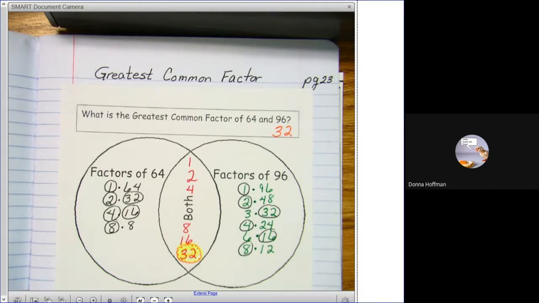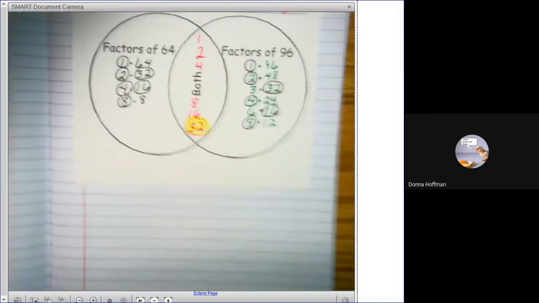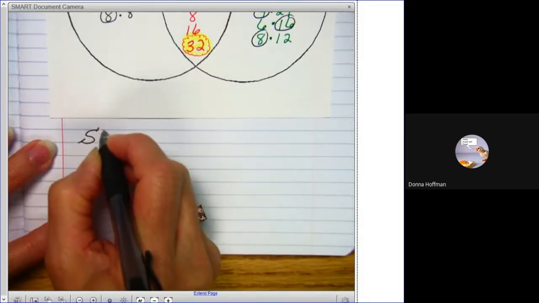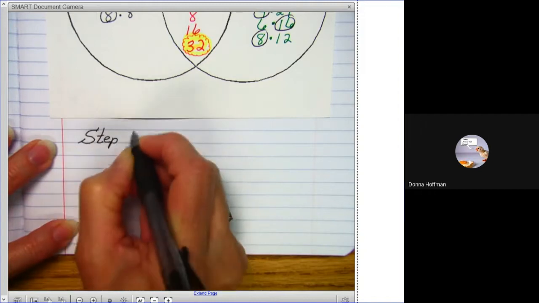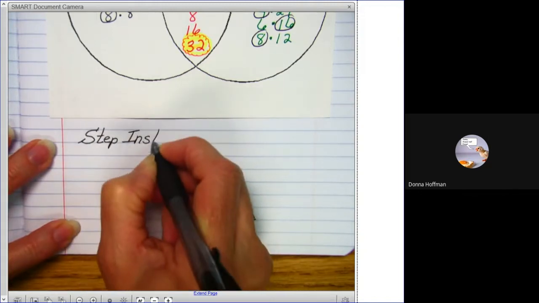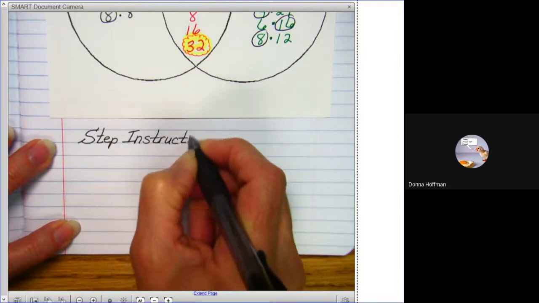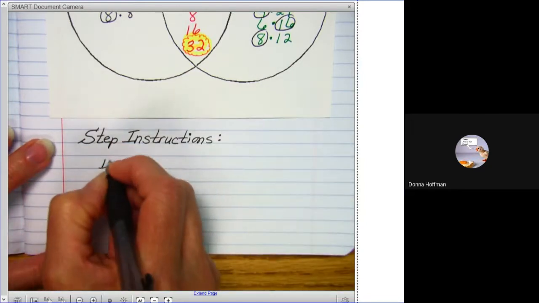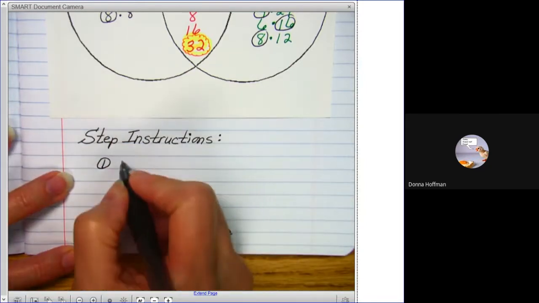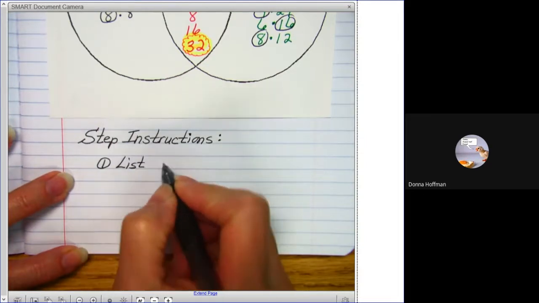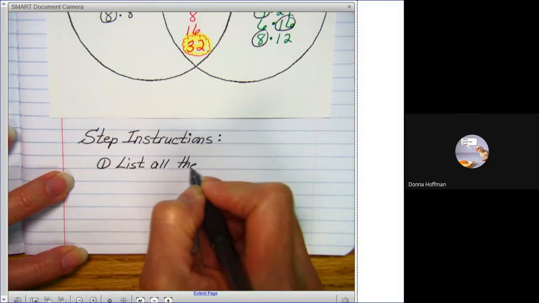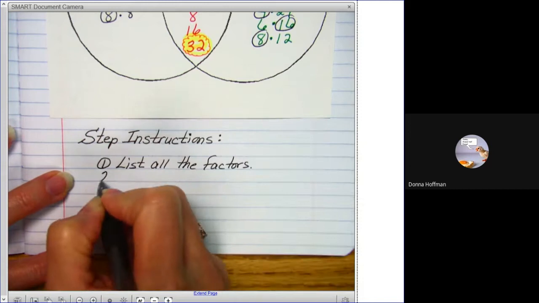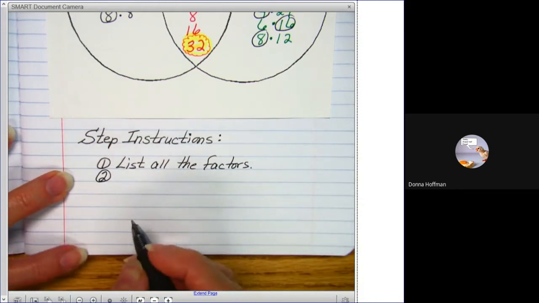Once again, we're going to list the steps to find the greatest common factor. The first thing was to list all the factors. Your second step, identify common factors.